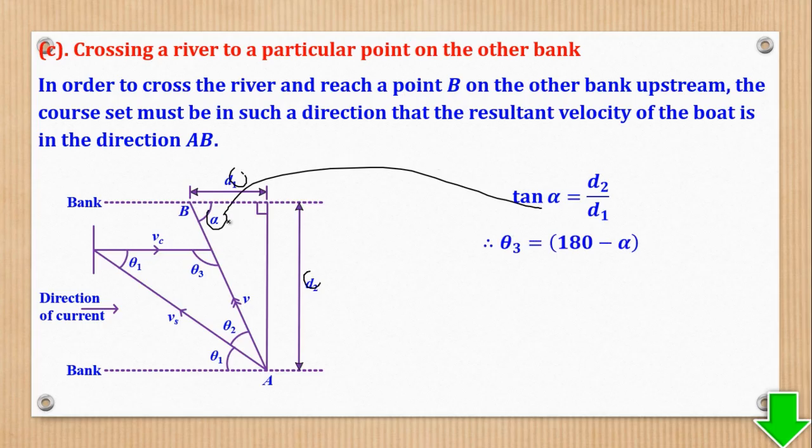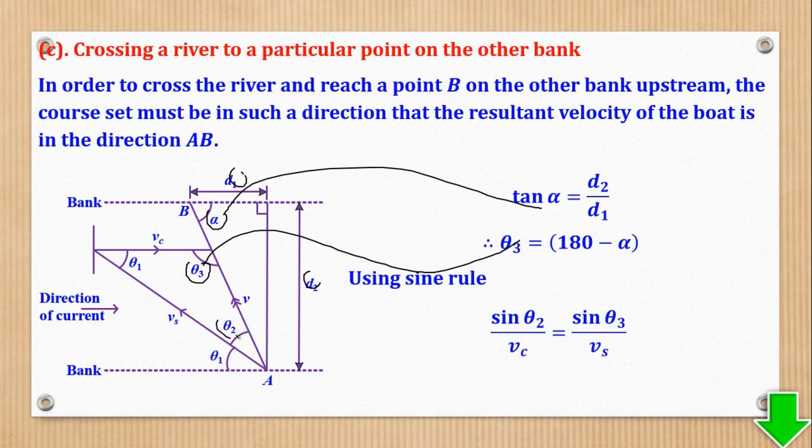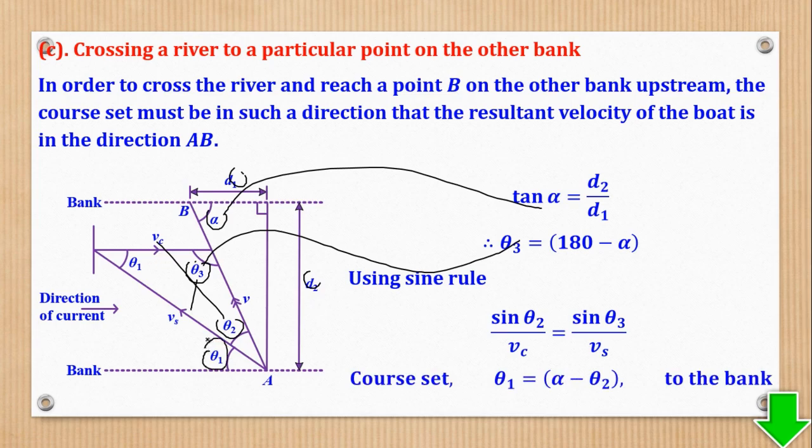After getting the value of alpha, I can easily get the value of theta 3 because they all add up to 180. Then by sine rule, sine theta 2 over Vc is equal to sine theta 3 over Vs. From there I can get the value of theta 2, and after getting theta 2 I can get this, which will be the course set or the direction in which the boat will be steered.